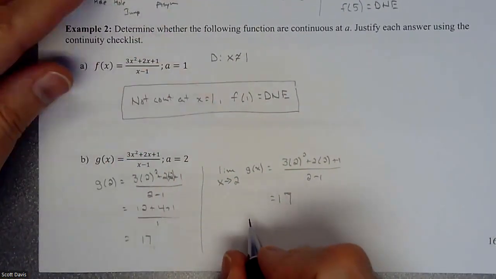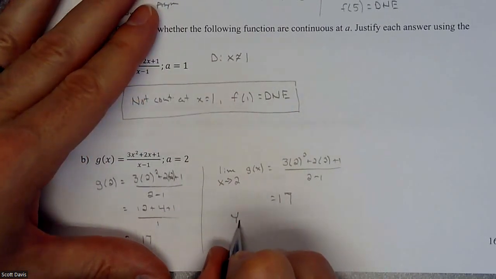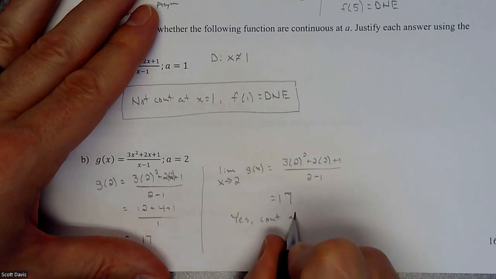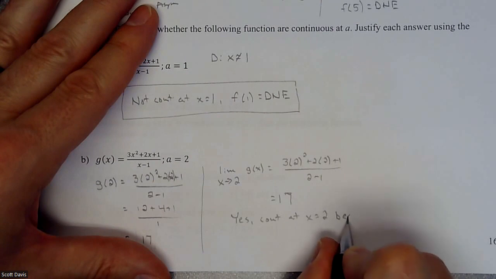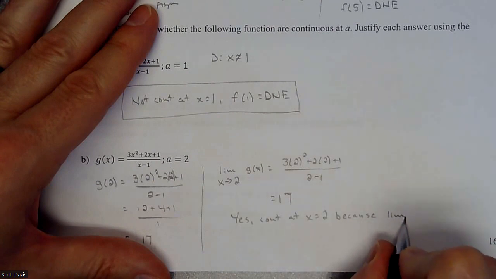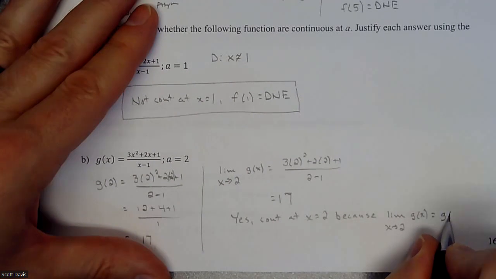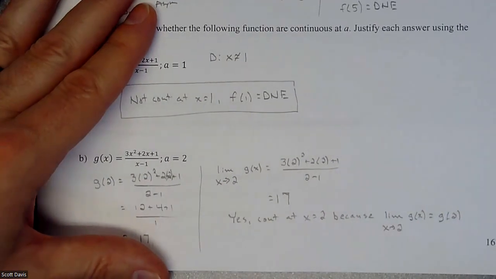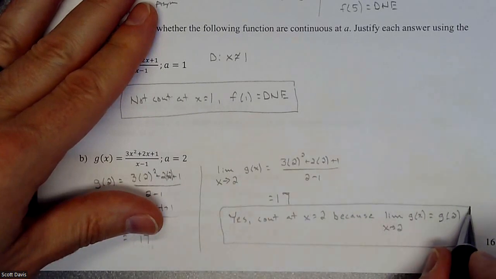So is the graph continuous? Yes, continuous at x equals 2 because the limit as x approaches 2 of that function equals the y value of that function. That is our answer and our justification.